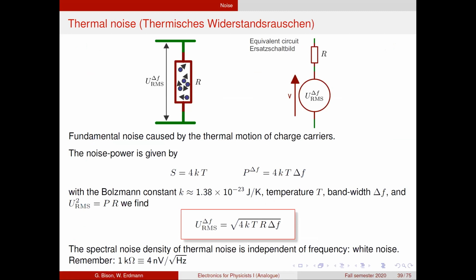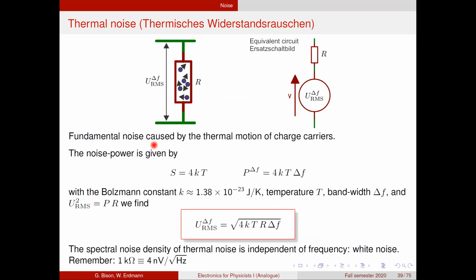One really fundamental noise source is the thermal noise, thermisches Widerstandsrauschen in German. It's fundamental, and it's caused by simply the charge carriers in any conductor that have thermal energy, so they move around. And this, of course, corresponds also to a small electrical signal.